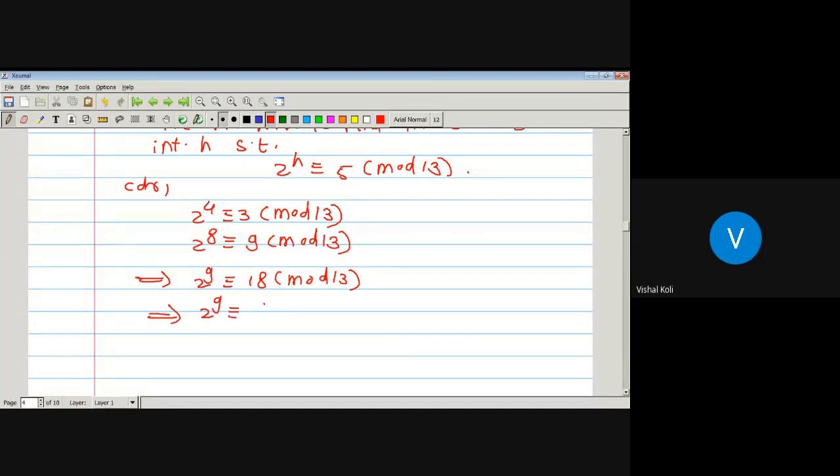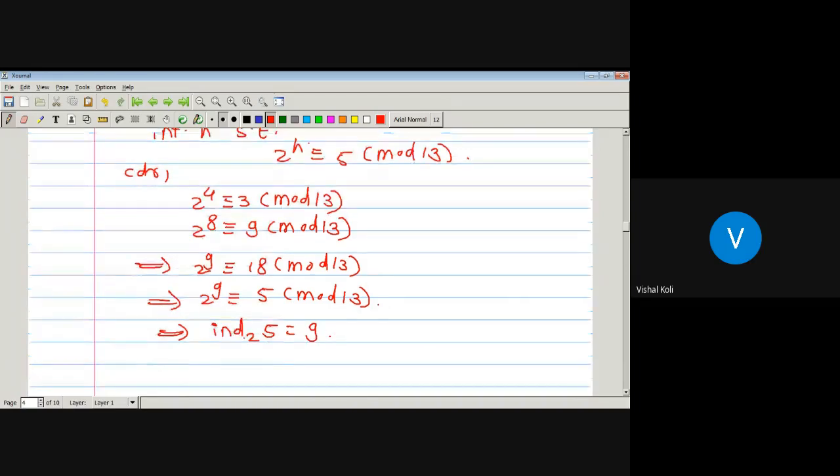Therefore, here we get 2 raised to 9 is congruent to 5 modulo 13, and we have to find out the smallest positive integer h such that 2 to the power h is congruent to 5 modulo 13. As here 2 to the power 9 is congruent to 5 modulo 13, what is the index of 5? 9. Index of 5 relative to primitive root 2 is nothing but 9.